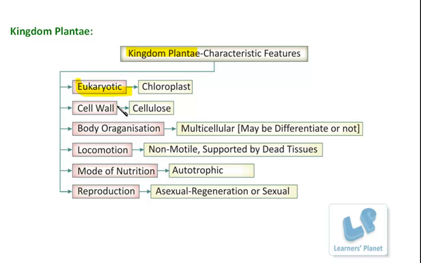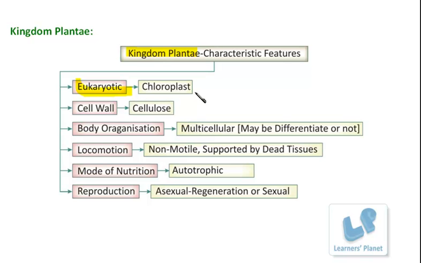You understand very well what a eukaryotic cell is: a cell in which there is a well developed nucleus separated from the cytoplasm by the nuclear membrane. If I am discussing the plant cell, the most important feature that must be present in such a eukaryotic cell is the presence of plastids.